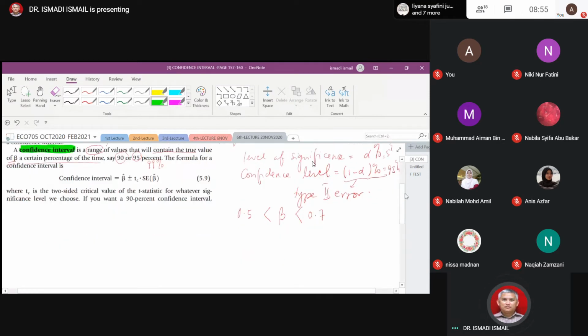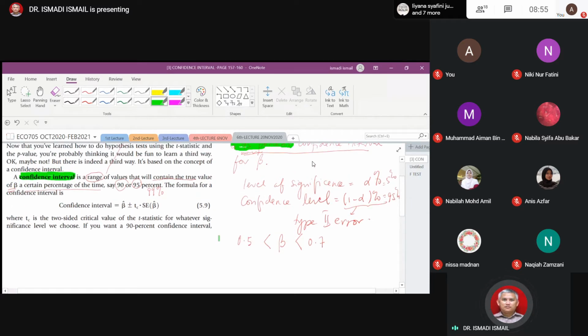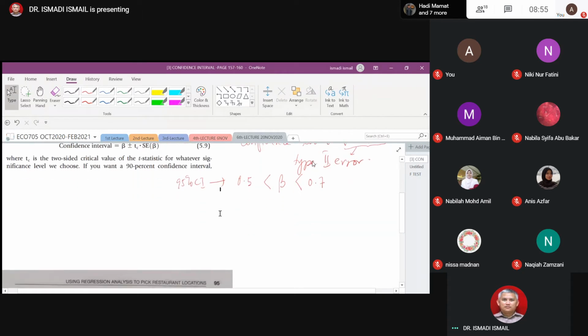What is meant by 95% confidence interval? Let's say we have considered 100 samples.